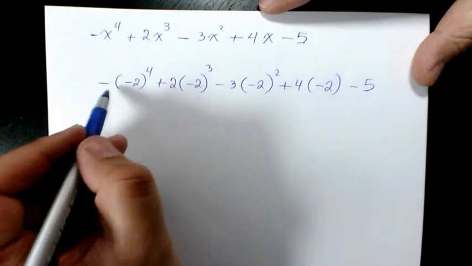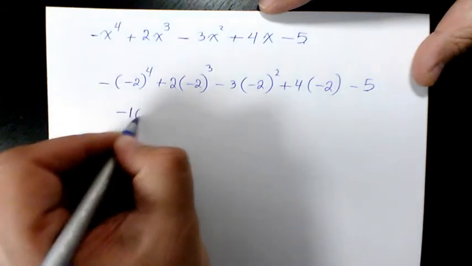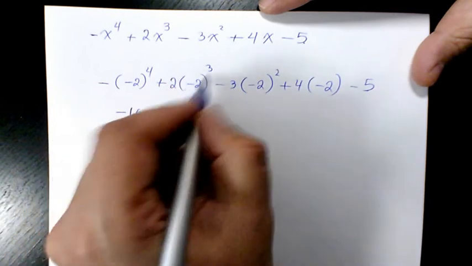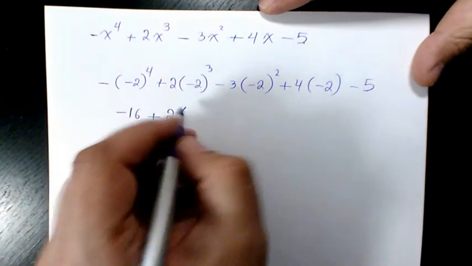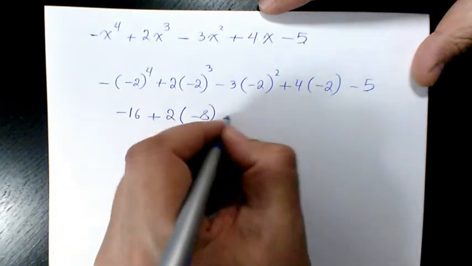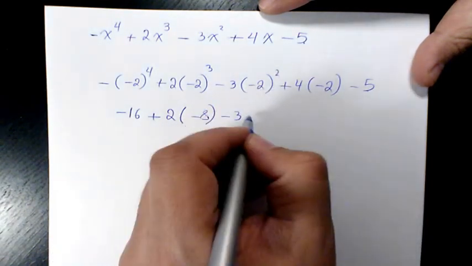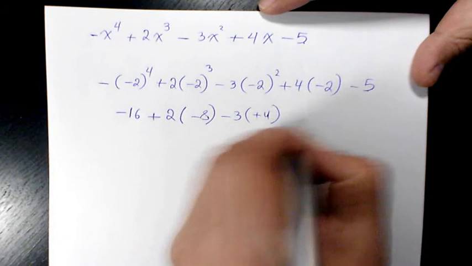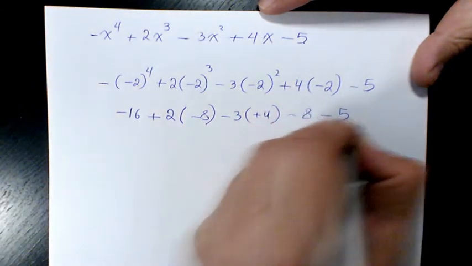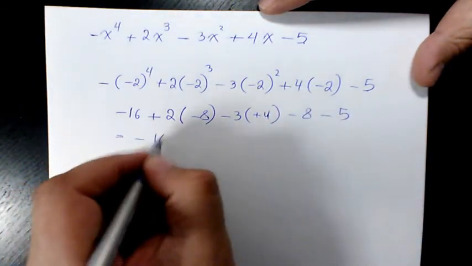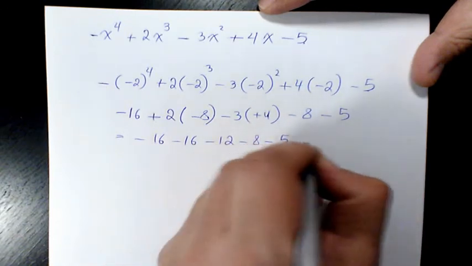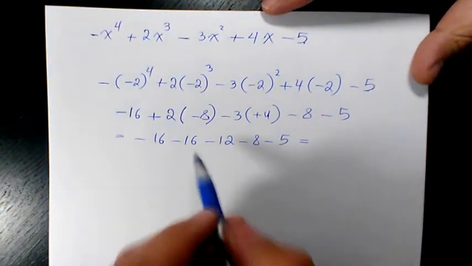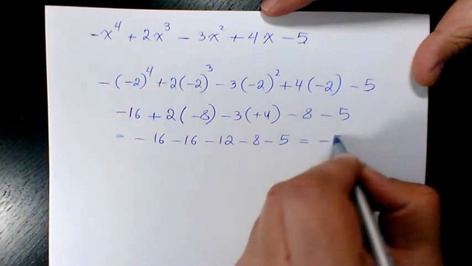So that's going to be negative 16, negative 16, negative 12, negative 8, and negative 5. That case is going to be negative 57.